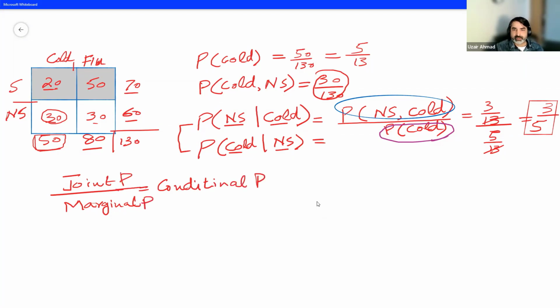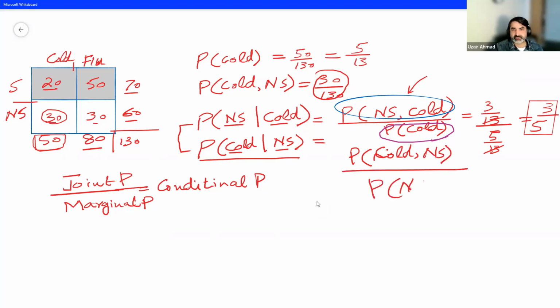Now, an interesting thing is that this joint probability is also useful when we want to answer this question. We will say the joint probability that the person has cold and not sneezing, which is the same number, 30 by 130, divided by the probability of not sneezing.